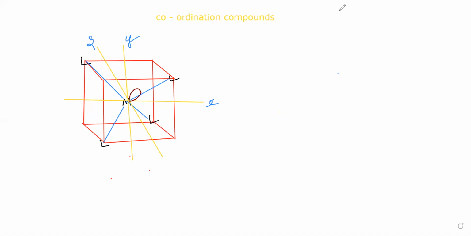Next we will take the dx square minus y square orbital.